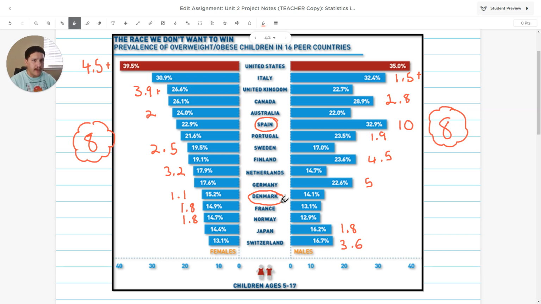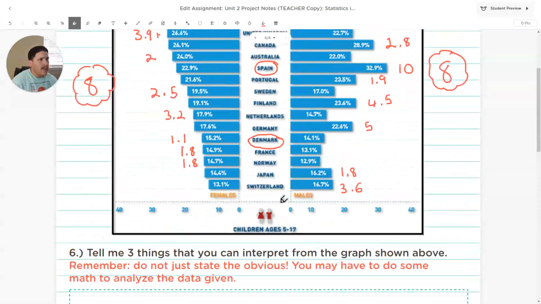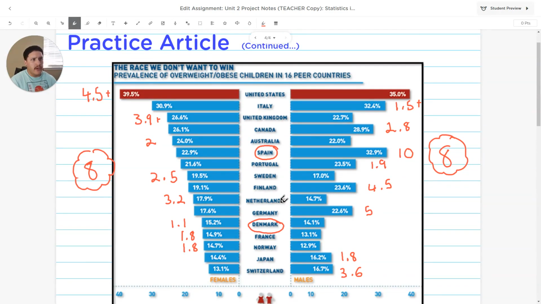What's significant about it? What are some things you can number crunch into it to further drive the point of the data point that you're drawing attention to? Okay, so I just wanted to make sure that y'all understood the graphs portion of this. That's the biggest part that I'm grading.